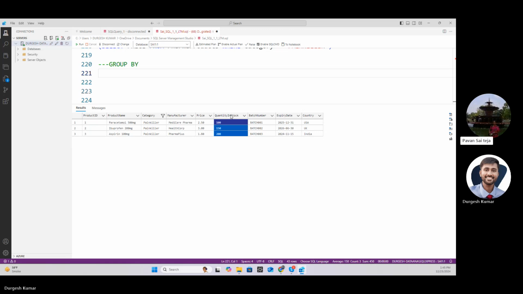Just check on my screen. What is the quantity in stock for painkillers? 450. And what did you do? Adding all of them. Correct.